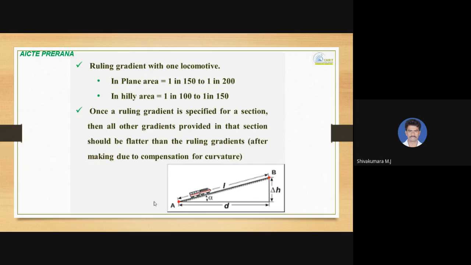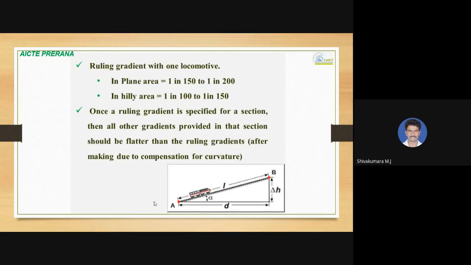And the ruling gradient with one locomotive, if it is in a plain area, can be provided in the range of 1 in 150 to 1 in 200. In case of hilly area, you can go for a still steeper ruling gradient, that is 1 in 100 to 1 in 150.